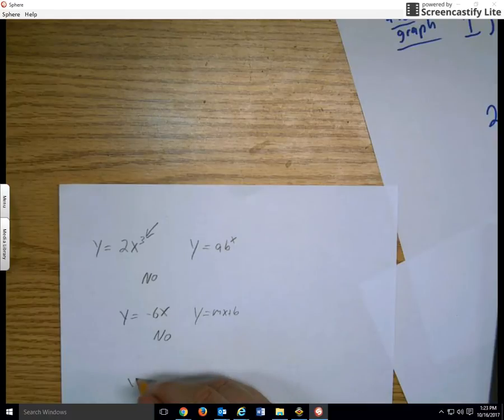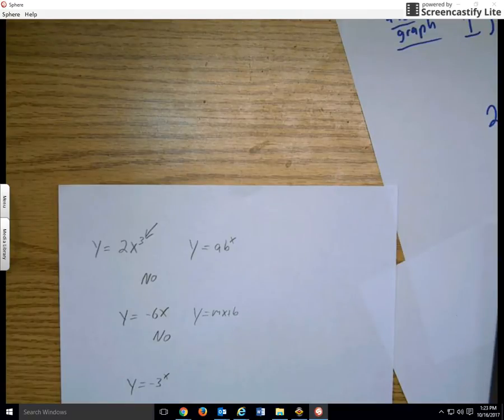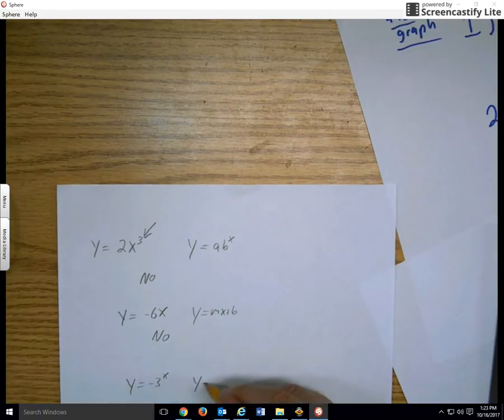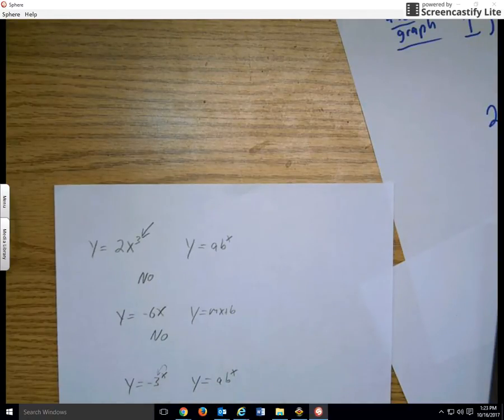What if I had y equals negative 3 to the x power? Would that one be exponential? The answer is yes, because it's in that pattern of y equals ab to the x. You say, wait a second, I thought the b can't be negative. Well, right, what's right next to the exponent isn't negative. The negative is the a. Remember, if the negative were counted, it would have to be in parentheses to count the negative as well.